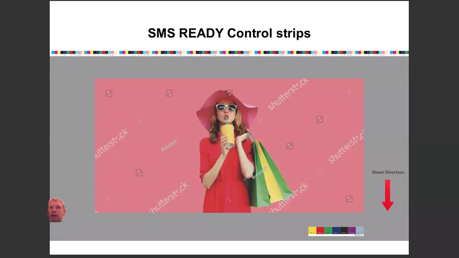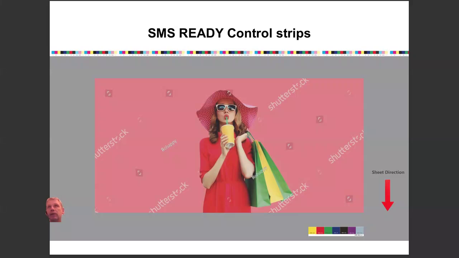You simply place it within the layout, as you can see on your screen, and the designer can check it on his end. Simply place the control strip within the layout, but outside the crop marks, of course, because usually you don't want the control strip to be a part of the final layout.